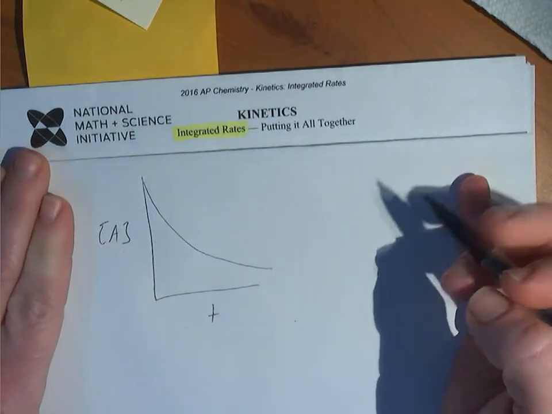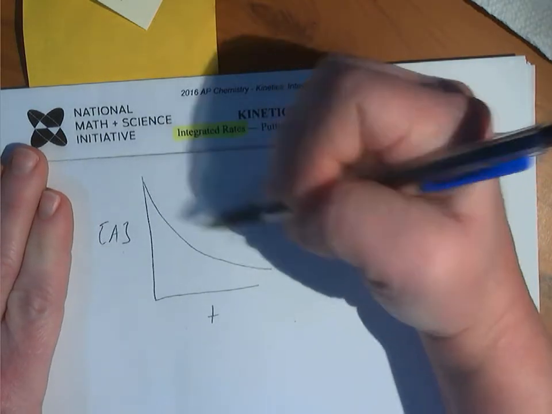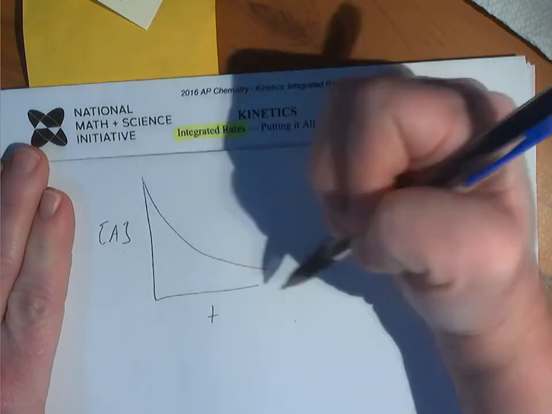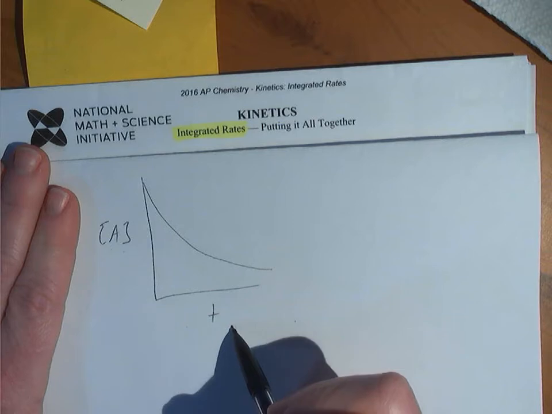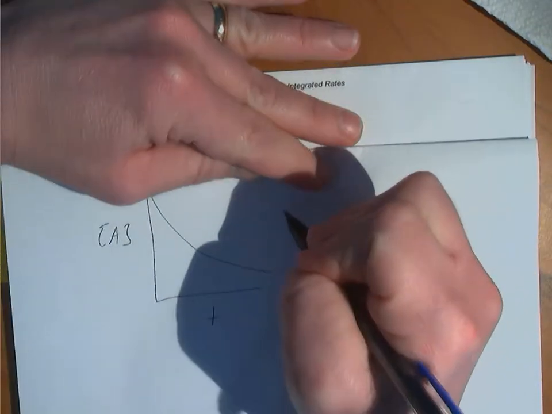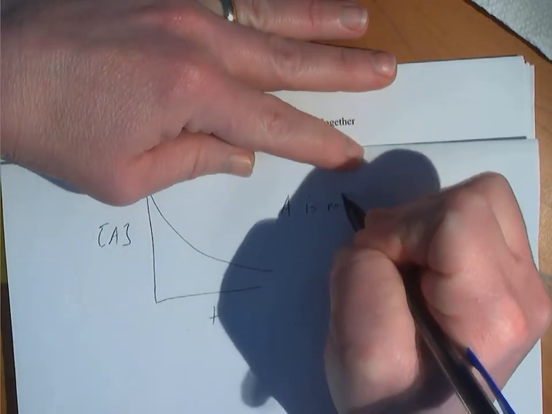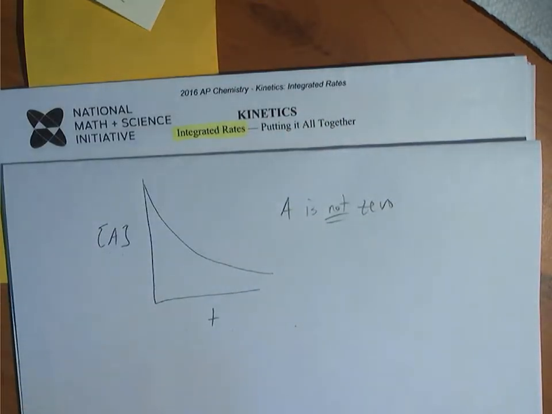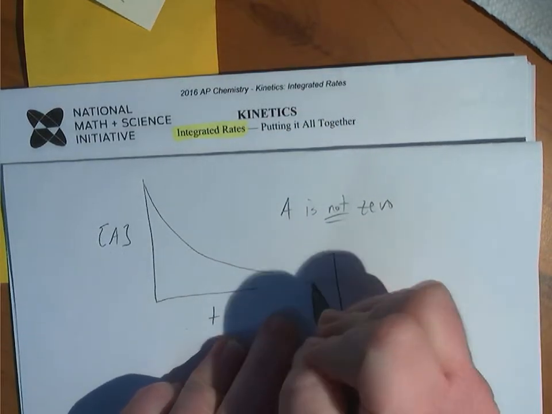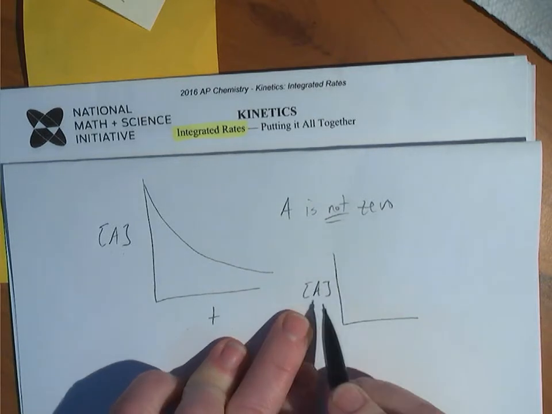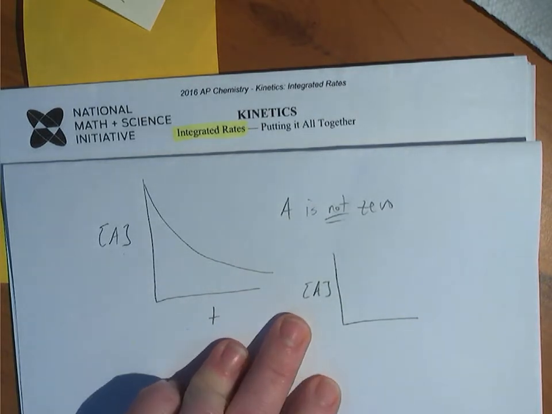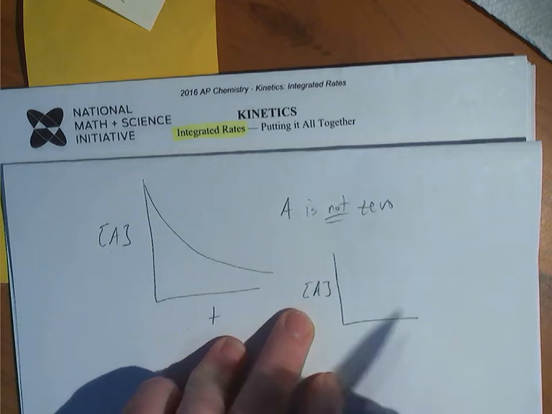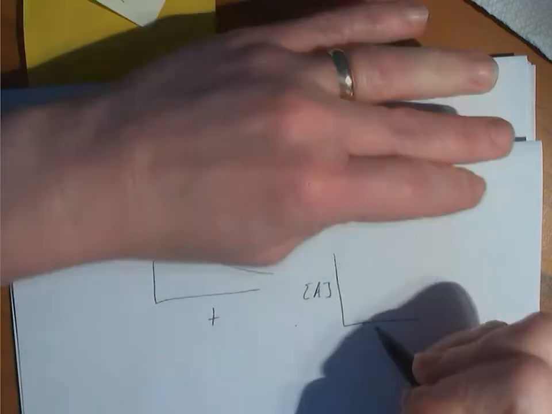But actually, if we get this shape, this inverse curve for concentration versus time, we know that A is not zero order. If A was zero order, we just need A to be present. The concentration does not impact the actual rate.